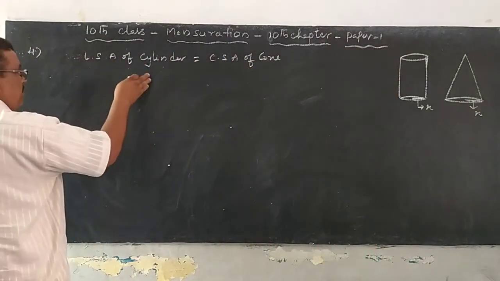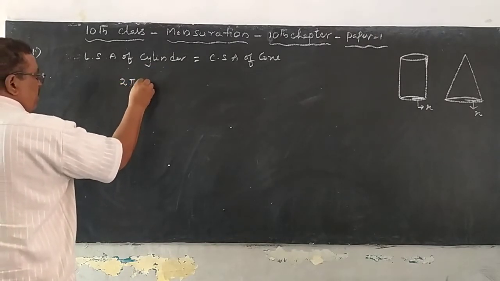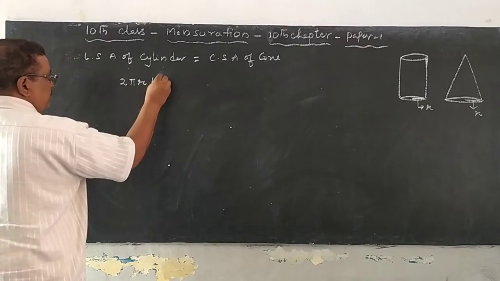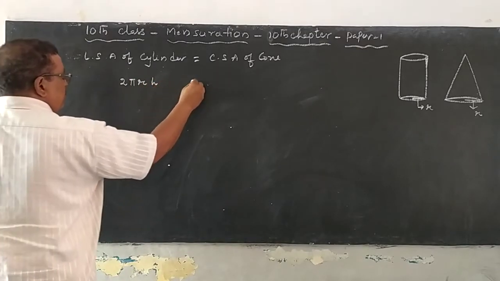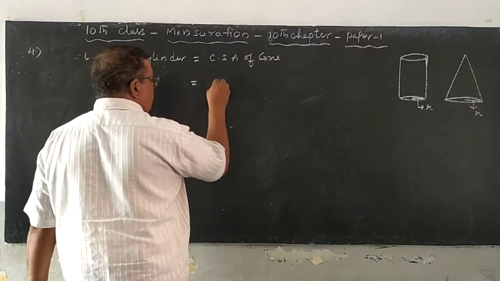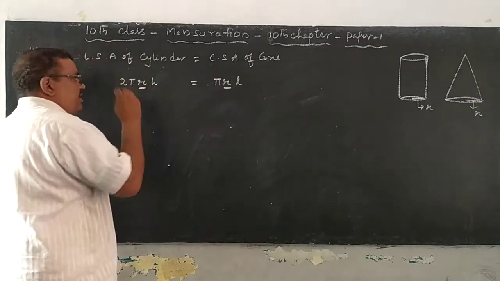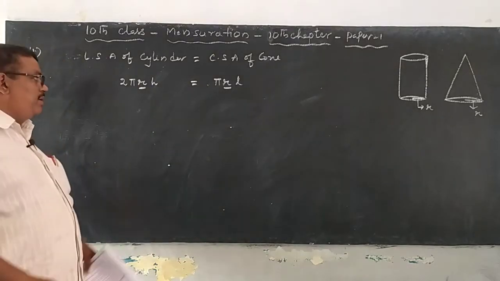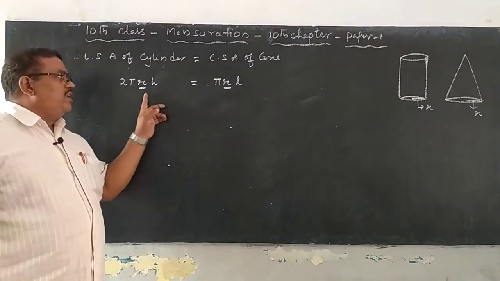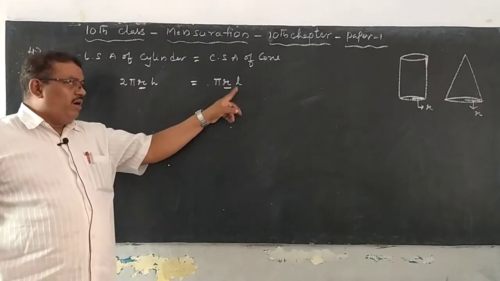The LSA of cylinder formula is 2 pi r h. The CSA of cone formula is pi r l. Both radii are equal as given in the problem. LSA of cylinder equals CSA of the cone, so 2 pi r h equals pi r l.